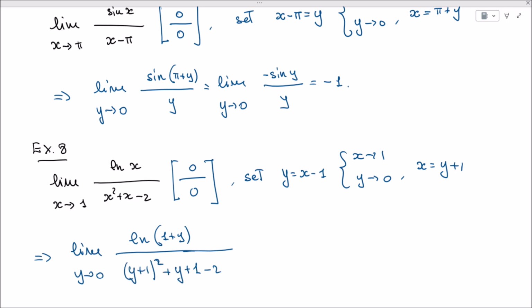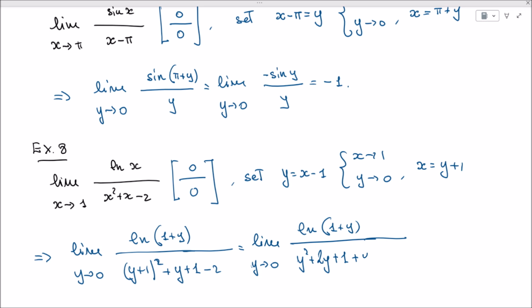Okay, so this is again the limit as y goes to 0 of logarithm of 1 plus y, and we can rewrite this as y squared plus 2y plus 1 plus y minus 1. So we have 1 and minus 1 that go away. So we are led now to the following limit.